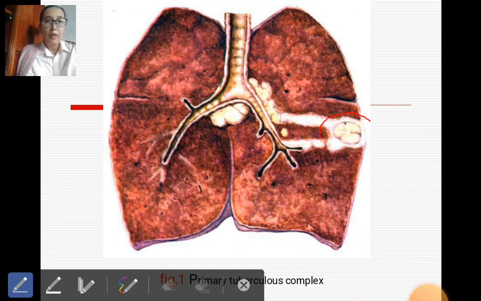This is a primary affect localized in parenchyma of lung. This is lymphatic nodes inflammation, lymphadenitis, and between these two parts, inflammation of lymphatic vessels called lymphangitis.